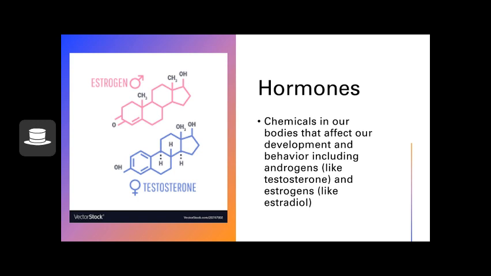The issue is that sometimes the sensitivity of our cells to specific hormones is going to affect our development. So you might be born male with an X and a Y, but your body might be resistant to testosterone. So even though testosterone is telling your body do male things, develop in male ways, your body might not develop in a traditionally male manner.